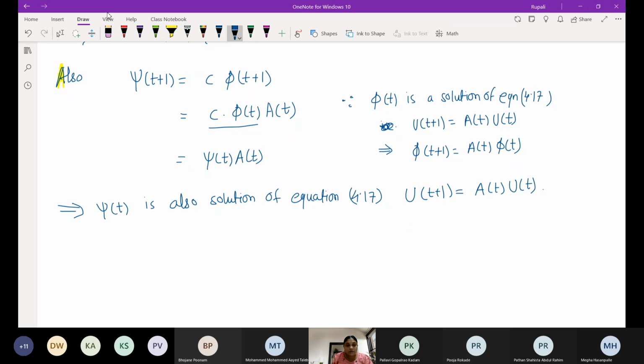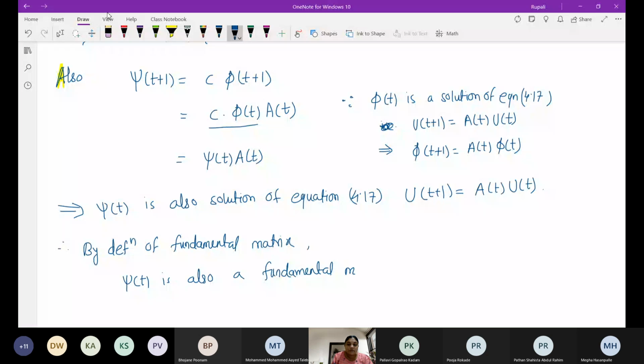So by definition of fundamental matrix, we can say that psi t is also a fundamental matrix for equation, which equation? 4.16.